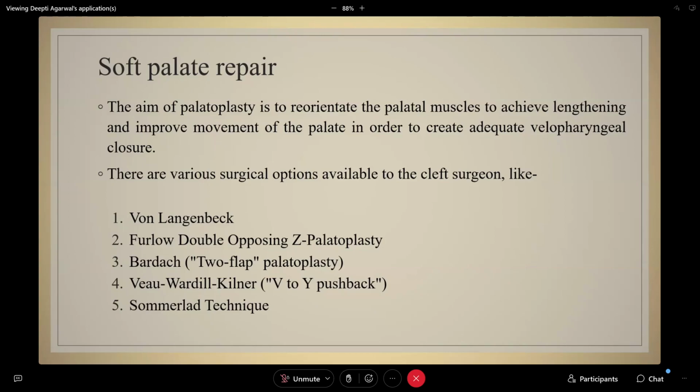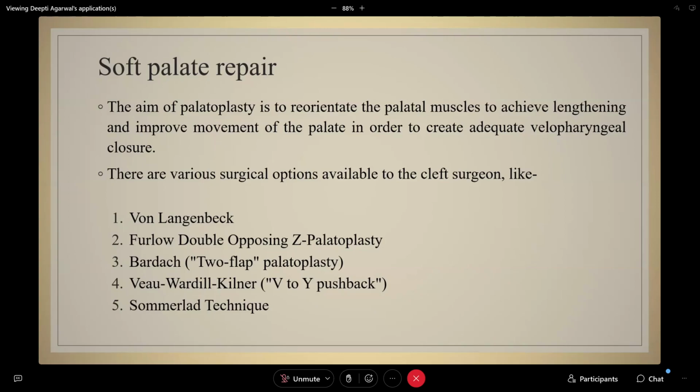Adequate velopharyngeal closure is important in these children because these children already have this 22q deletion. So in such kids, the postnasal space itself is deep. So while repairing, we have to keep in mind that even after repair, there is no velopharyngeal gap or velopharyngeal insufficiency.